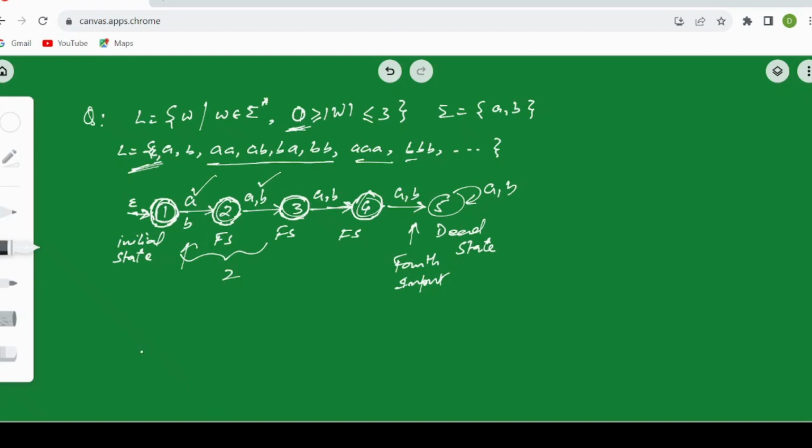In the next lecture, we will look at the design of deterministic finite automata for case 3, in which the language given will have an infinite number of strings.